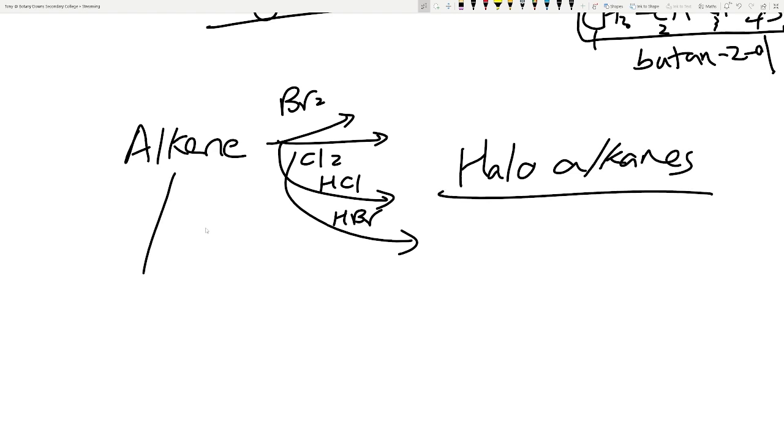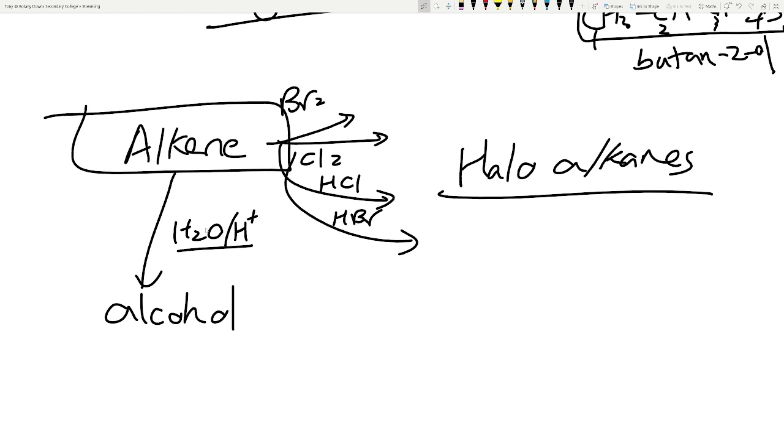And then with your alkene, you can add H2O/H+, or dilute sulfuric acid, or H+/H2O, or H2SO4/H+ H2O. It doesn't matter which one of those; it means the same thing. You turn that into an alcohol. So your alkene is really, really important because it's the functional group that connects a lot of the other functional groups together. Okay, so that's alkene.